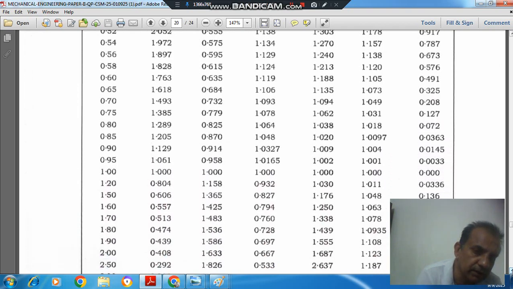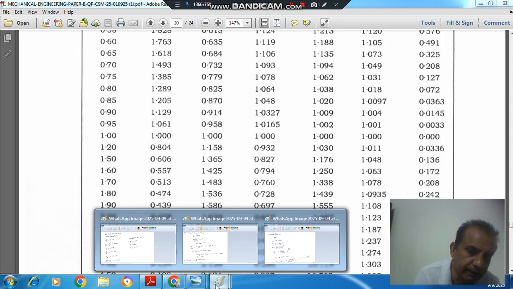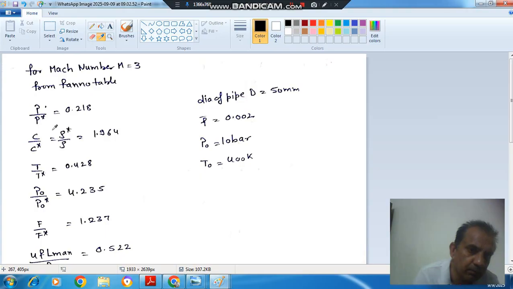So it means the initial Mach number is 3 and the final Mach number is 1. So these properties are corresponding to 1. Writing down these properties, P by P star is 0.218, meaning P is the pressure at Mach number 3 and P star is the pressure at Mach number 1.